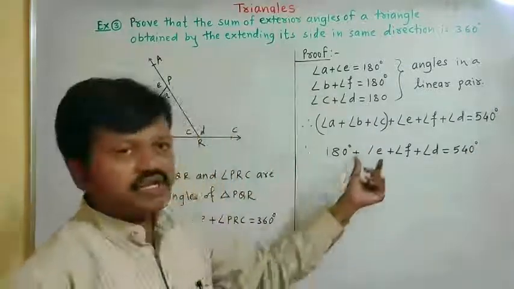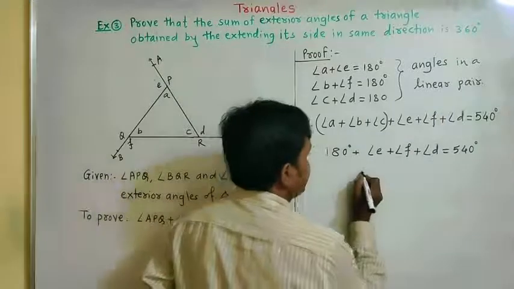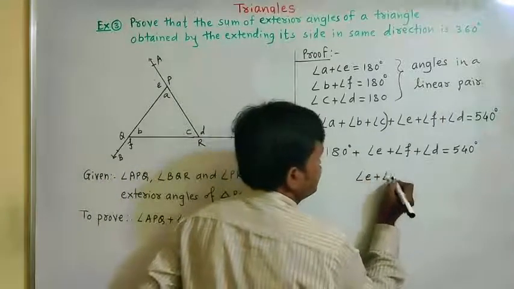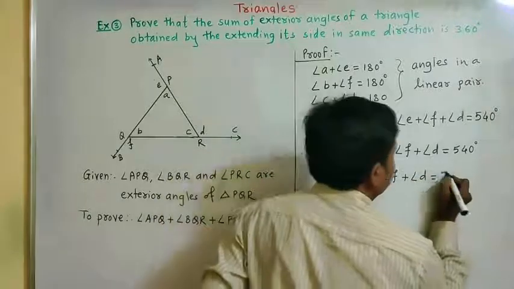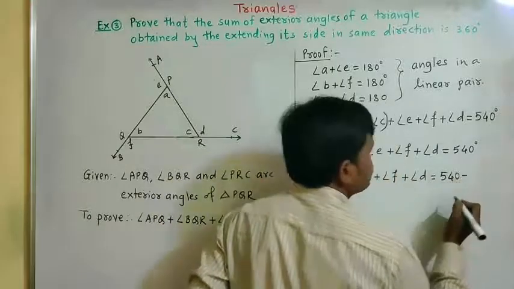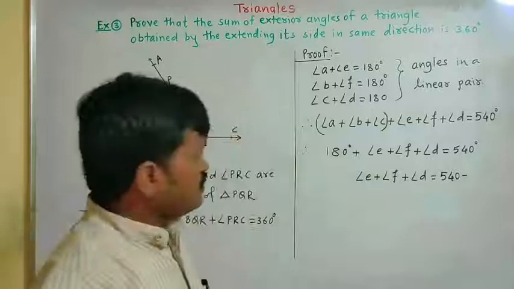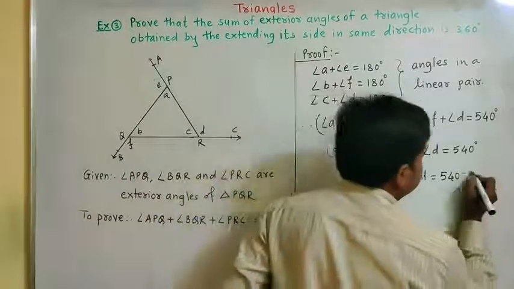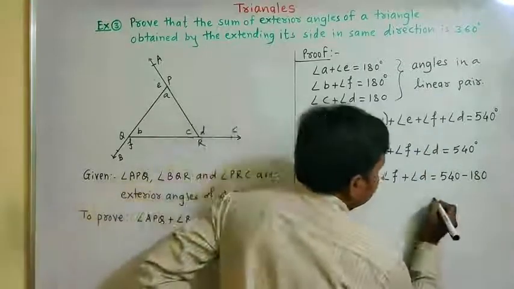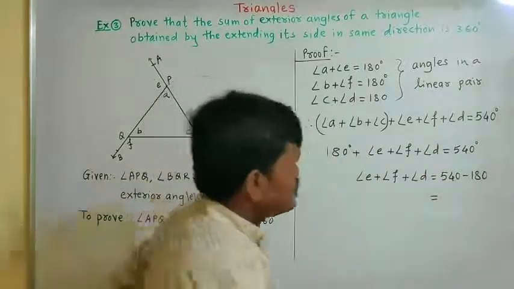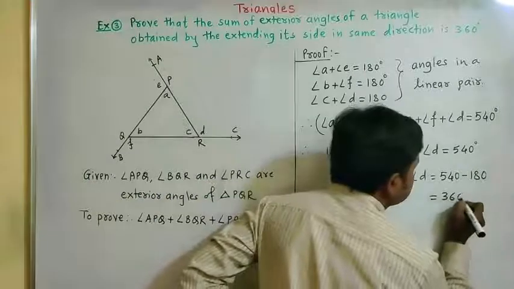Now take this 180 to that side: angle E plus angle F plus angle D is equal to 540 minus 180, that is 360 degrees. So write here 360 degrees.